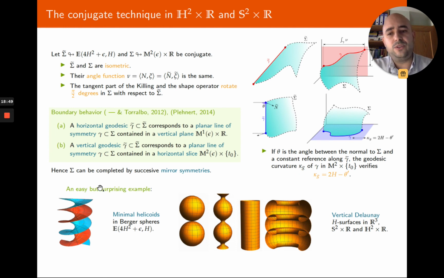And it is related to the direction of rotation of the helicoid in the Berger sphere. Okay, so these are the vertical Delaunay surfaces.